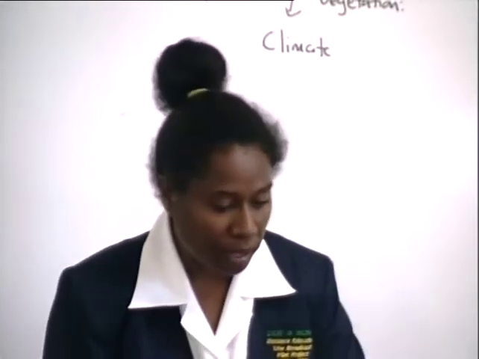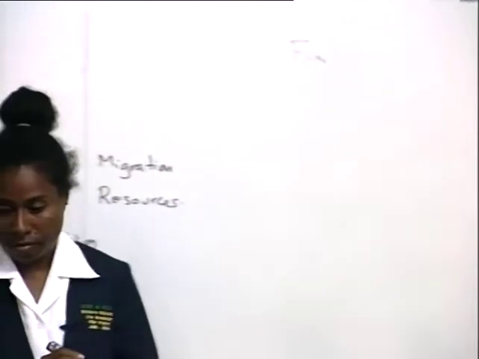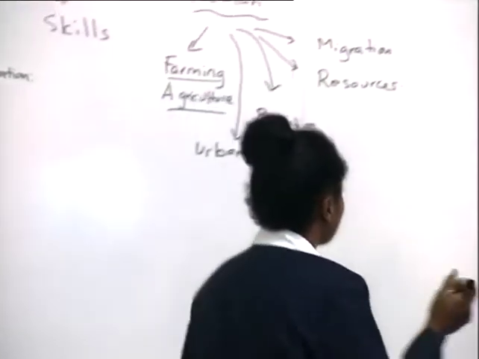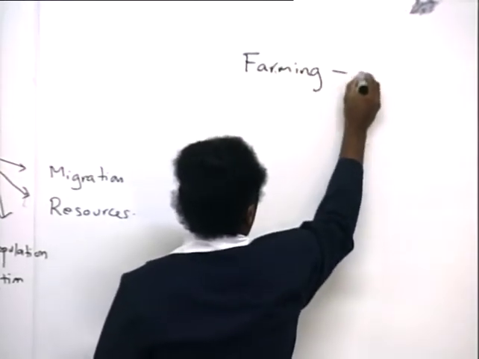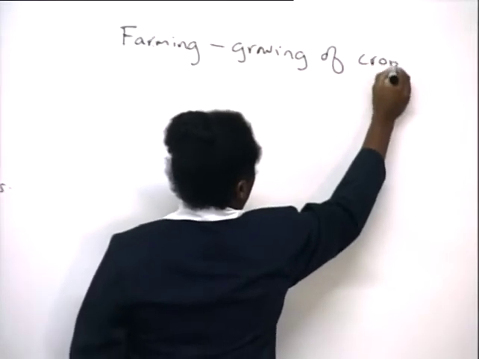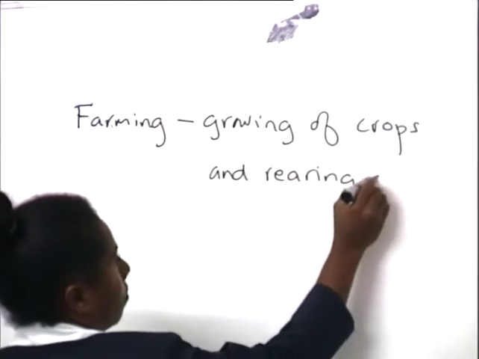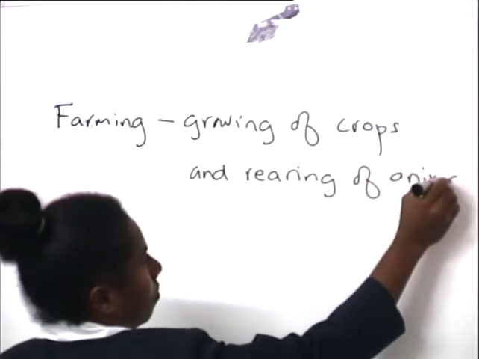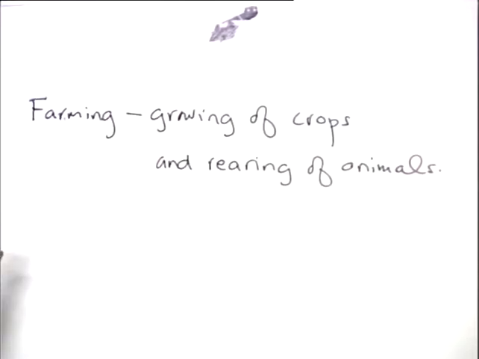When we look at farming, I have already explained to you that farming is to do with the growing of crops and the rearing of animals.